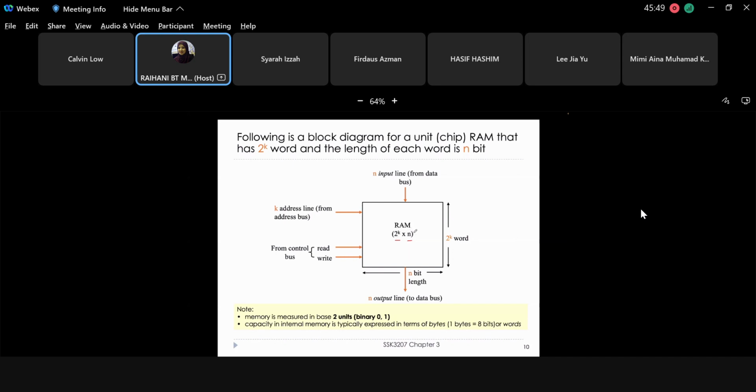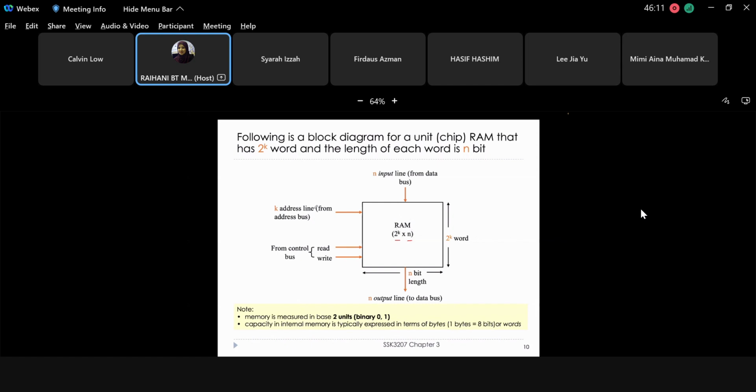The capacity of internal memory is typically expressed in terms of bytes or words. 1 byte equals 8 bits. So this is the capacity of this RAM: 2 to the power of k times n.